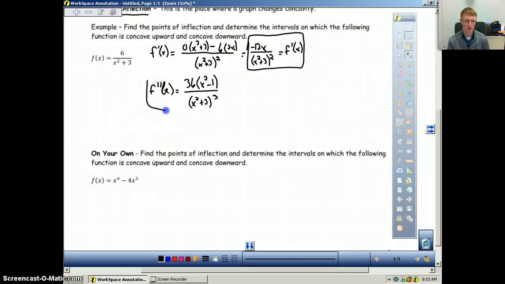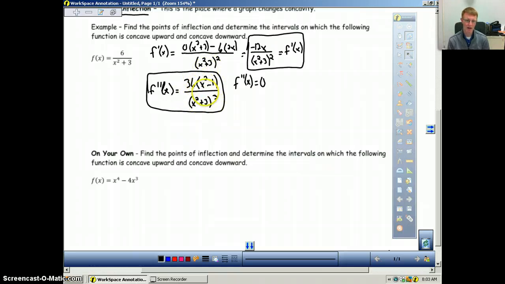So this is our second derivative, that's the function we're going to be using. Now keep in mind, we want to know when this is equal to 0. So when is our f double prime of x equal to 0? Well, that is where we set the top equal to 0.